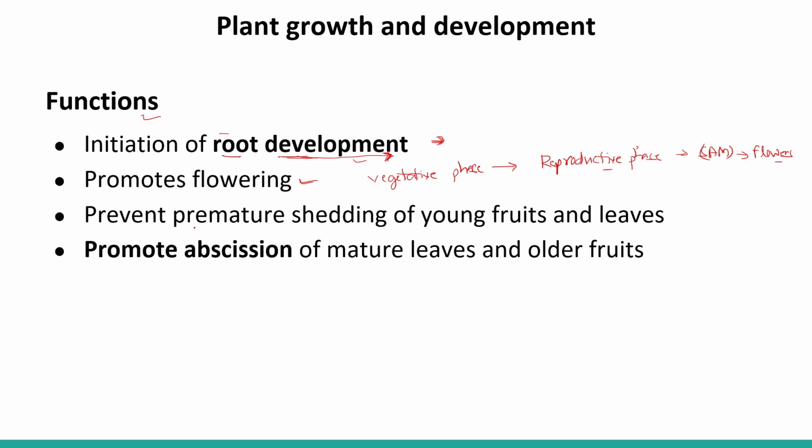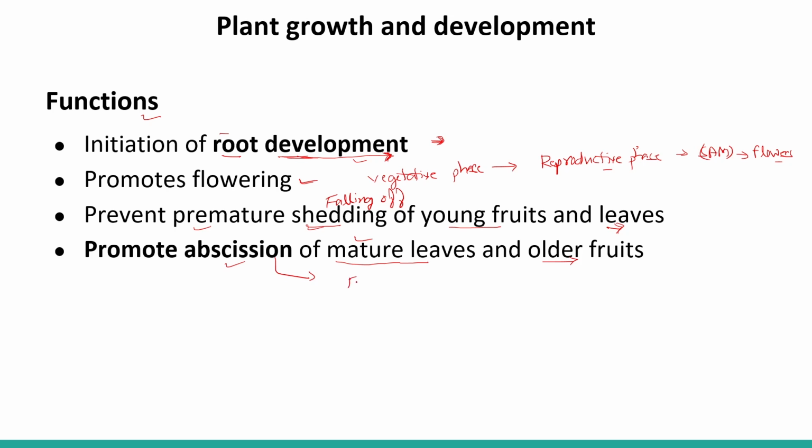Another role is that it prevents the premature shedding of young fruits and leaves, shedding meaning falling off. But it promotes the abscission of mature leaves and older fruits. Now, what is abscission?